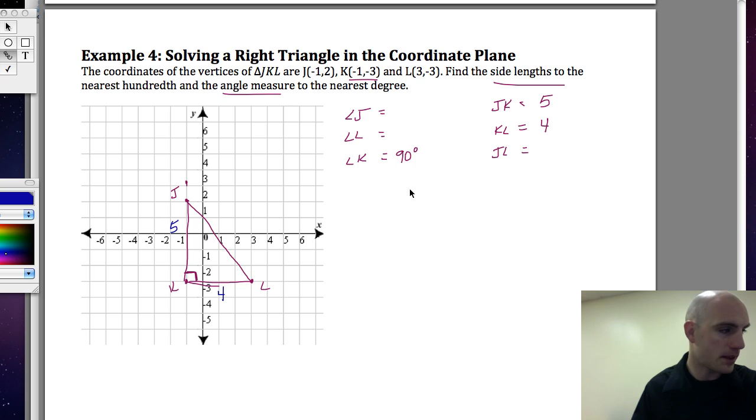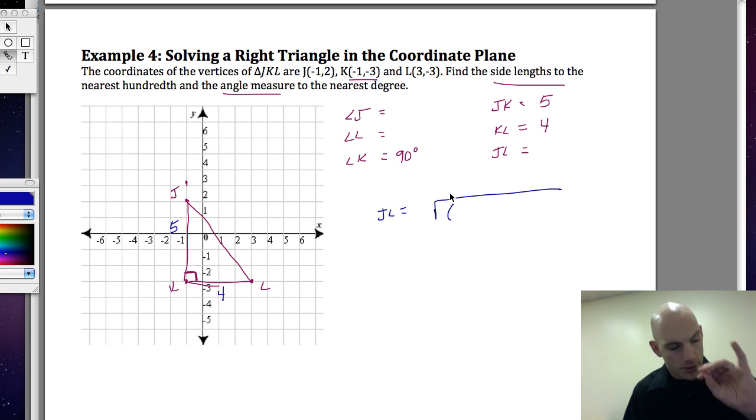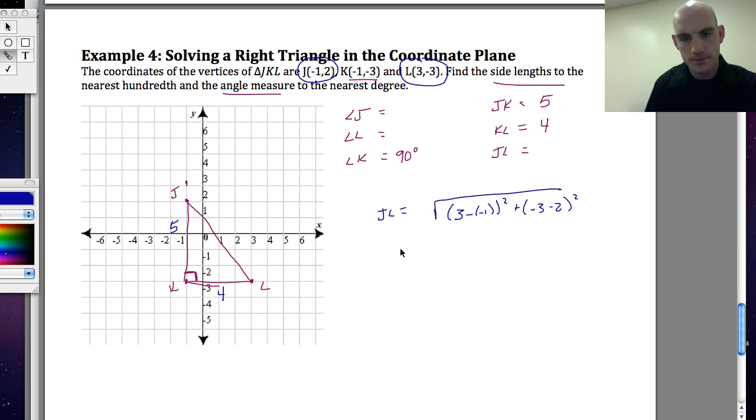I'm going to use the distance formula. So JL equals the square root of. Now, if you recall the distance formula, we're going to plug in these points. 3 minus, and take note, I'm using L and I'm using J. 3 minus a -1 squared plus -3 minus 2 squared.